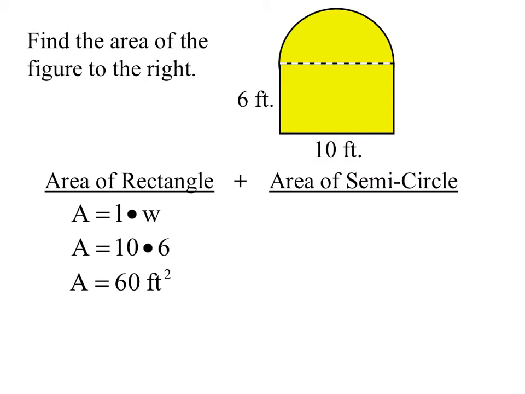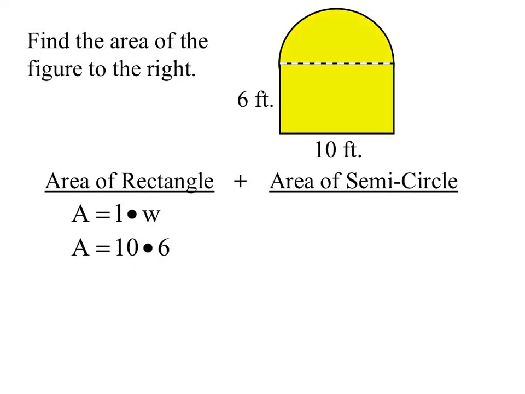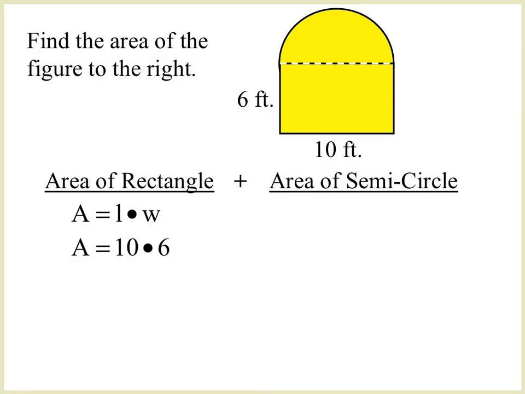Let me do it this way. I think you might have an easier time this way. So I'm doing 1/2 pi r squared. Okay? And now for the radius, if the whole thing is 10, then how much is the radius?